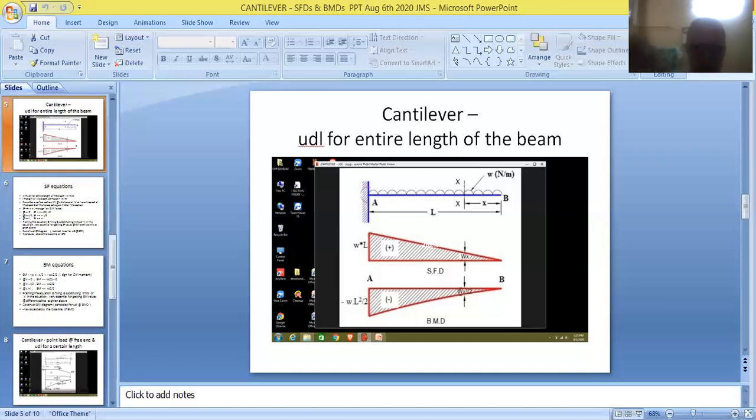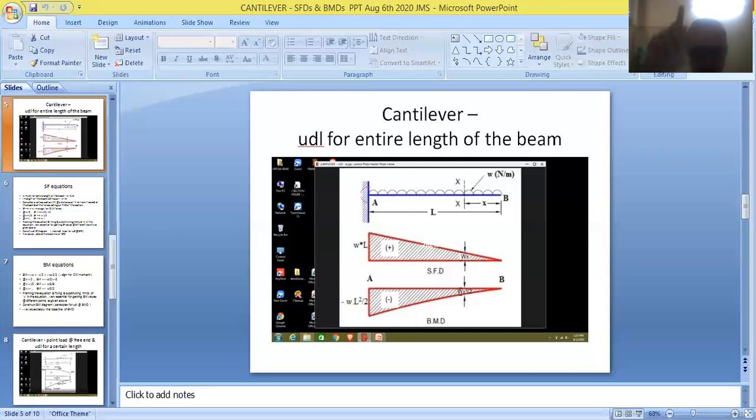In any case, we have to follow this procedure: consider a section at x meter from the free end or right end of the beam, take all the forces present on the right hand side of the section, and prepare shear force and bending moment equations.